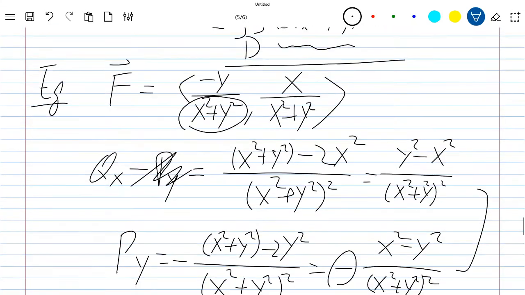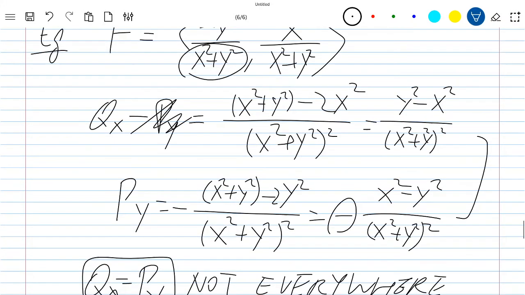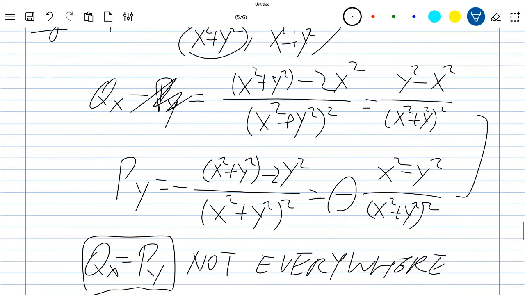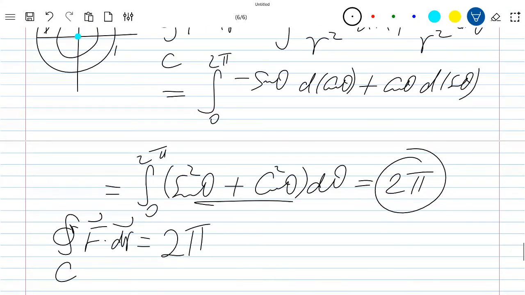It's 0 in this domain, right? Because this domain does not include the origin. So if this is 0, then it means integration along C1 and C2 are the same. And we know integration along C1 is 2 pi. So how about integration along C2, which in this case is just called C, that's also 2 pi.